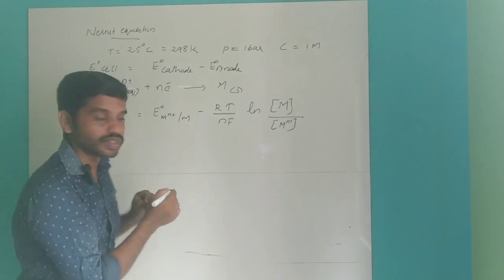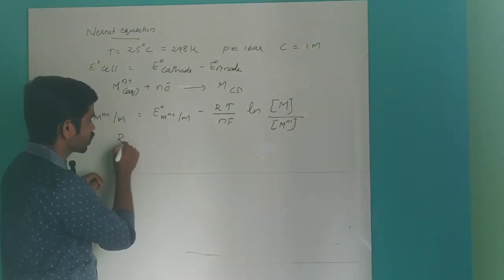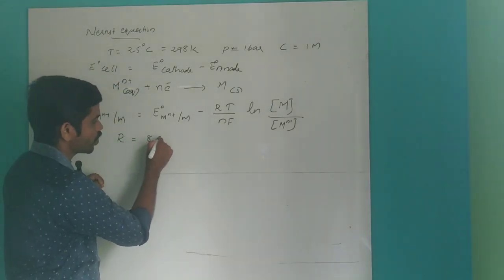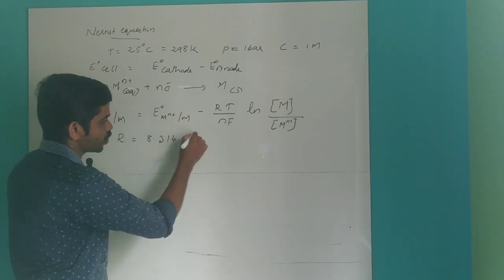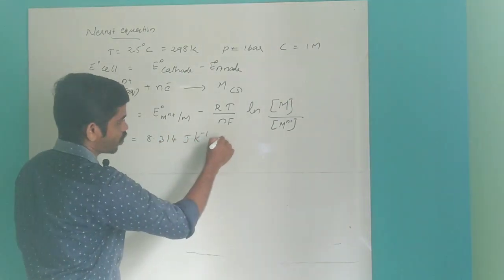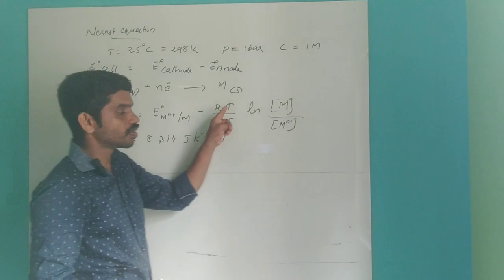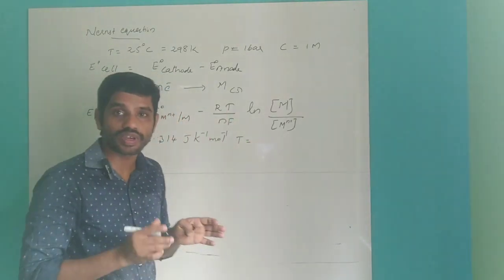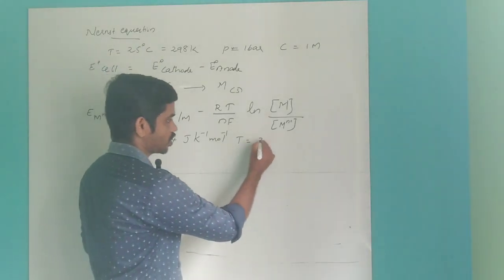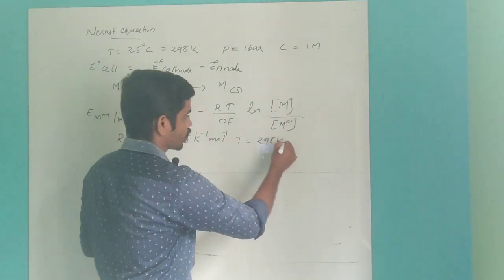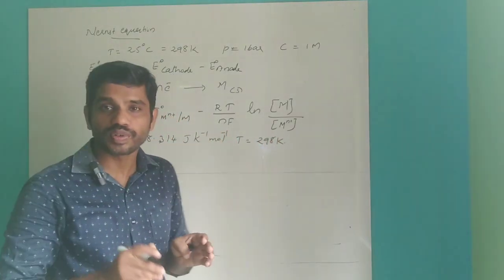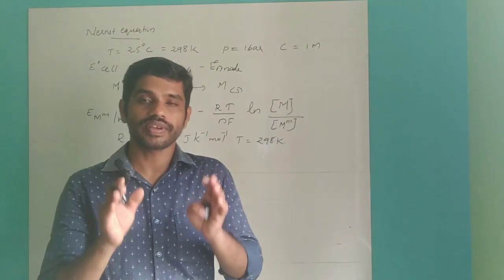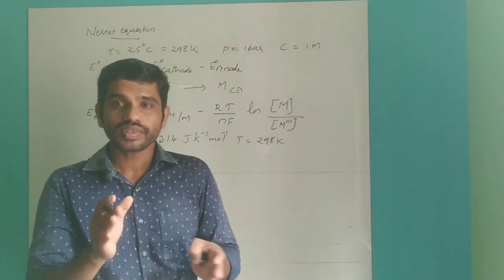Now, what are the constants? R is the universal gas constant, 8.314 joule per Kelvin per mole. T means temperature, which we are fixing as 298 Kelvin. n means the number of electrons transferred in the reaction, which will vary for each reaction.